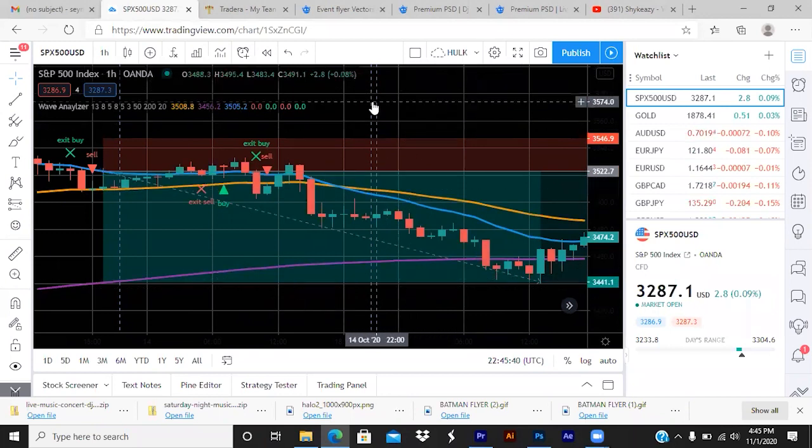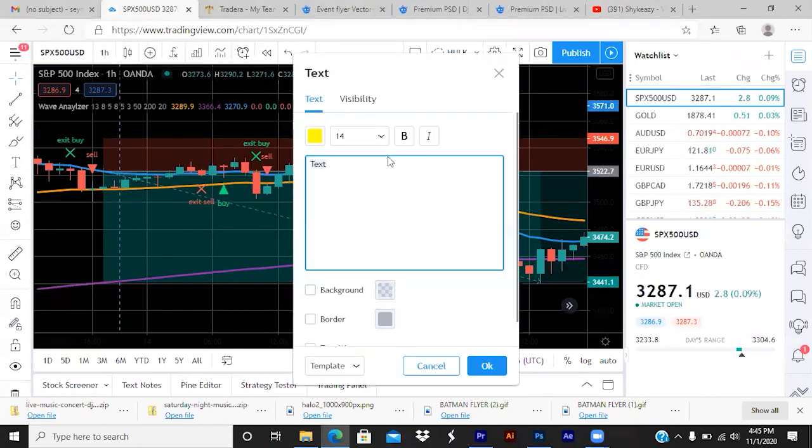Now, if you don't know what 816 pips is, 816.1 is what? $816. A standard lot, $8,160.